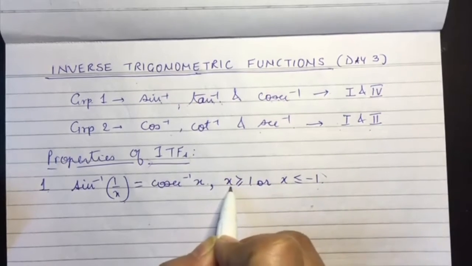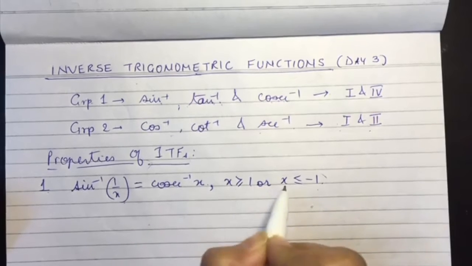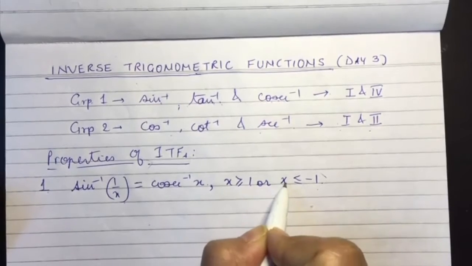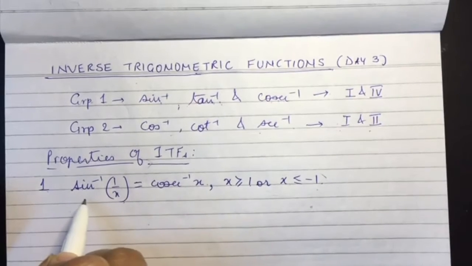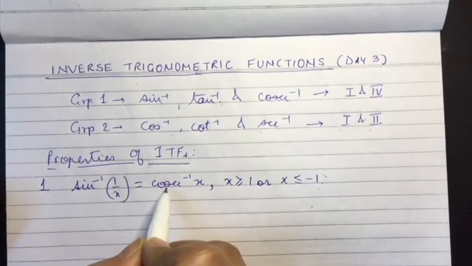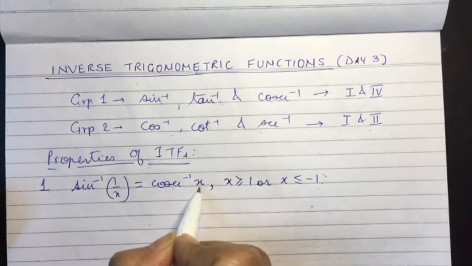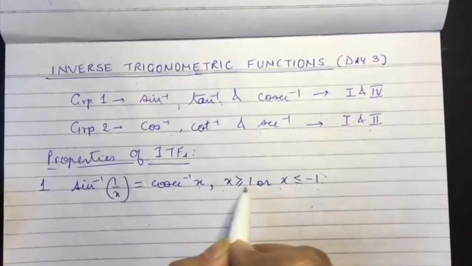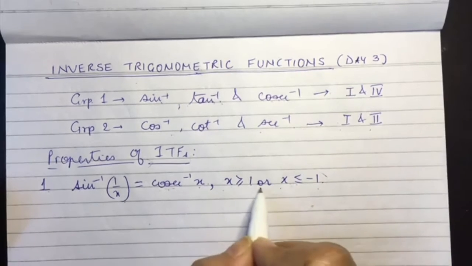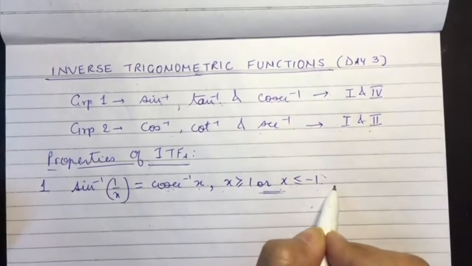As you all are aware, x means the members belonging to the domain of a function. And clearly, if we are talking about cosec inverse x, we know that the domain of cosec inverse is this, and hence this constraint.